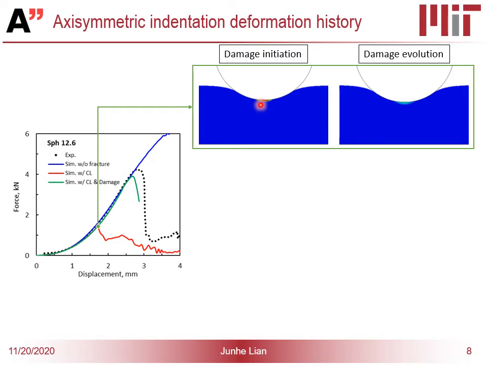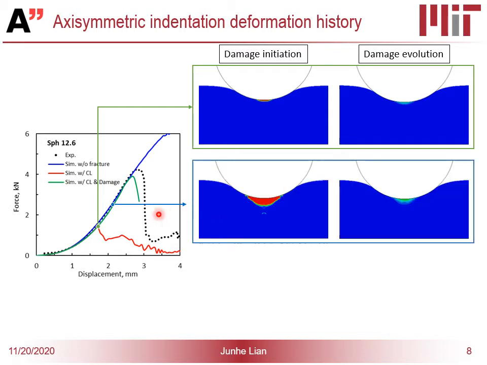If we were using our old model, all those elements would be deleted, and that is the reason for the drop of the load. Now they're not deleted; they enter the damage accumulation phase and start to accumulate damage, so the value is rather small. This is the second contour. When it's red, it means the element will be finally deleted.